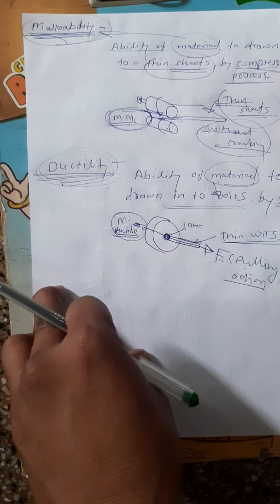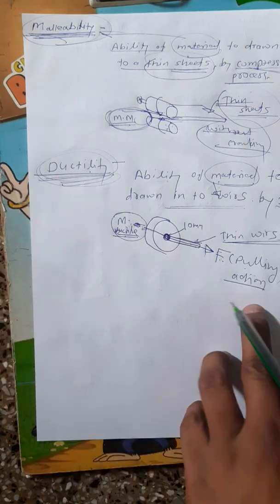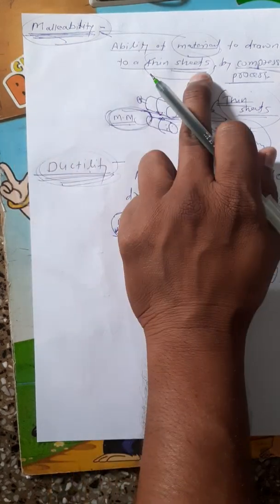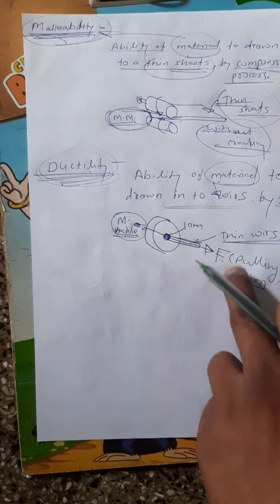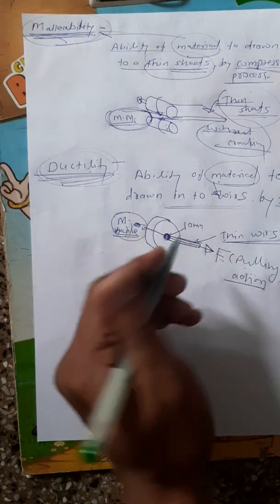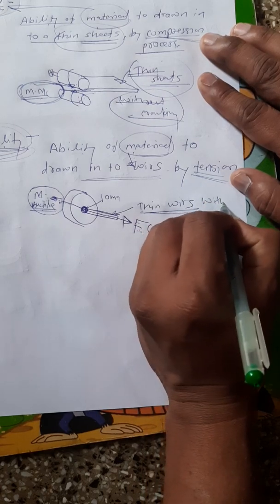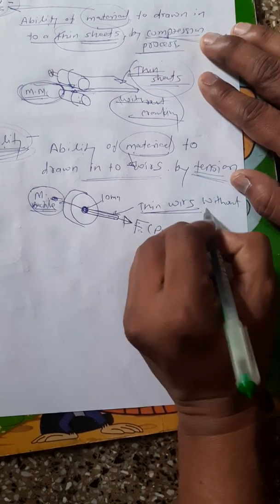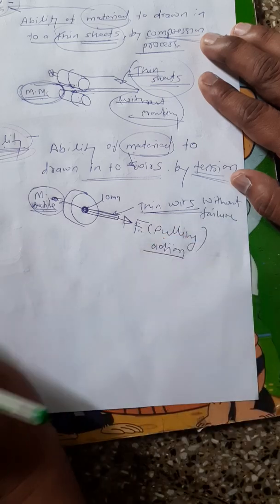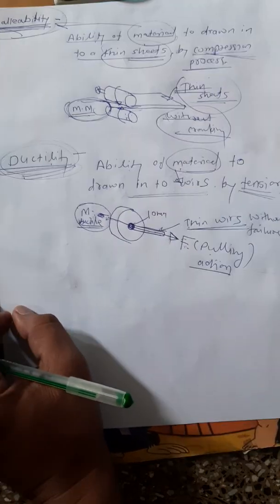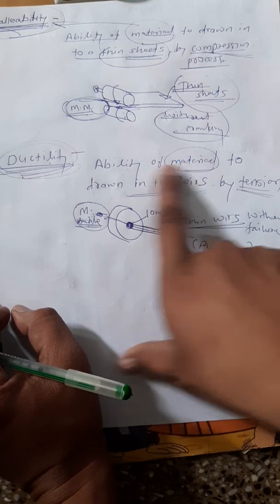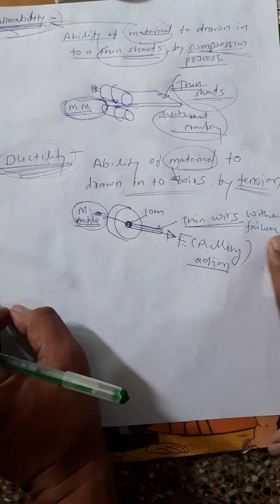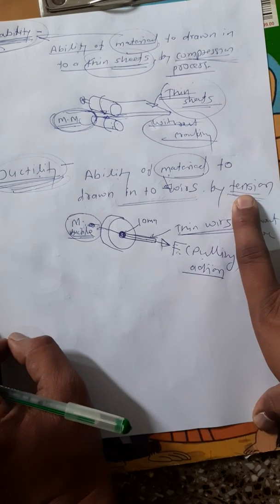So under ductility we get wires, and under malleability we get thin sheets from the material, but without failure, without crack. Without failure we get thin wires from this material under a pulling action, a tension action.